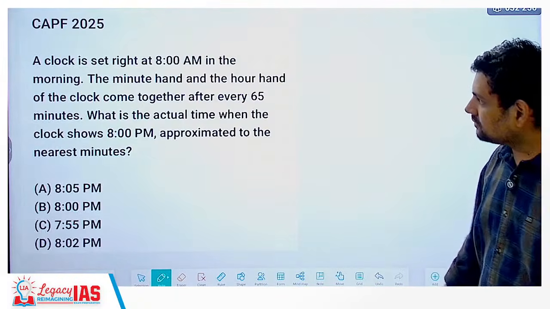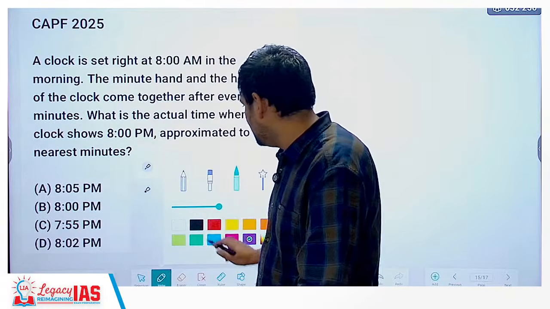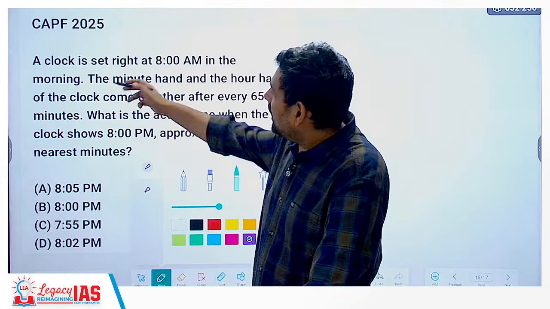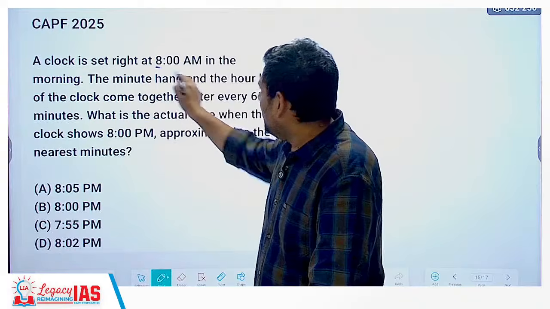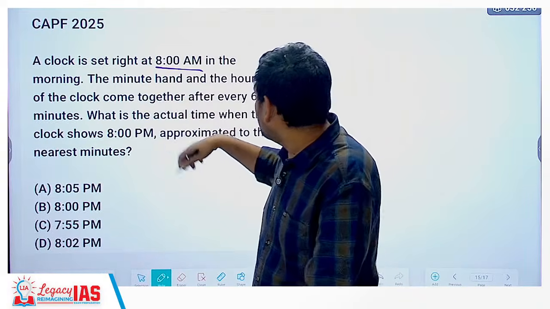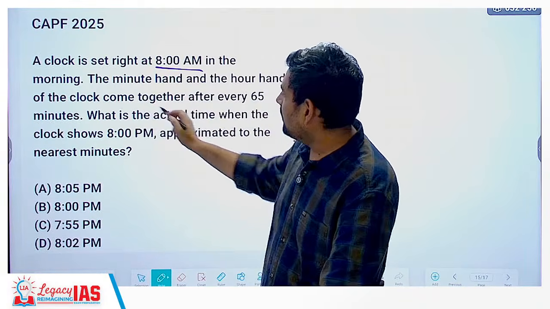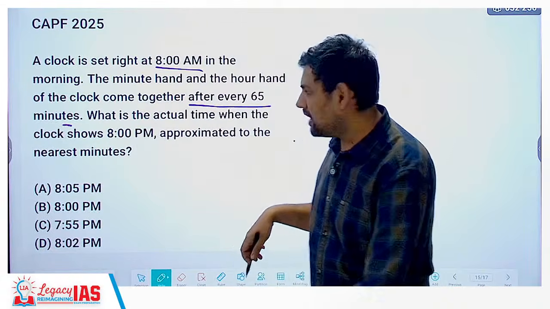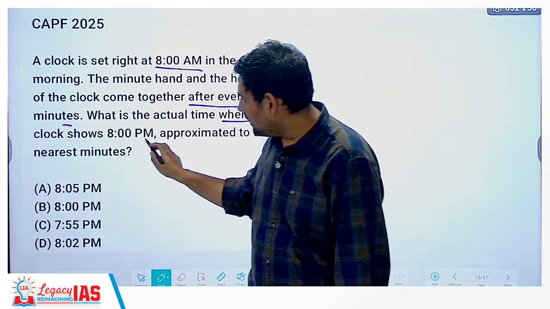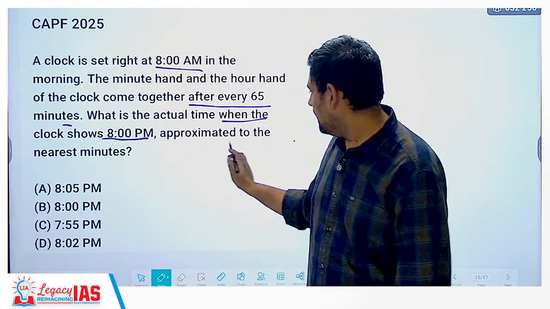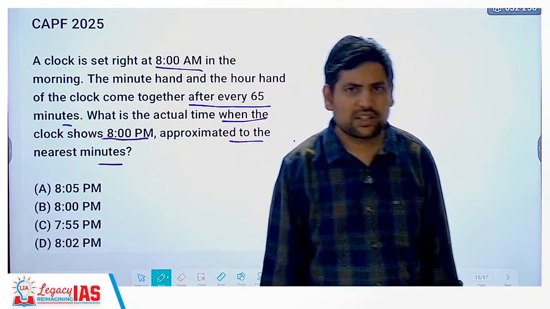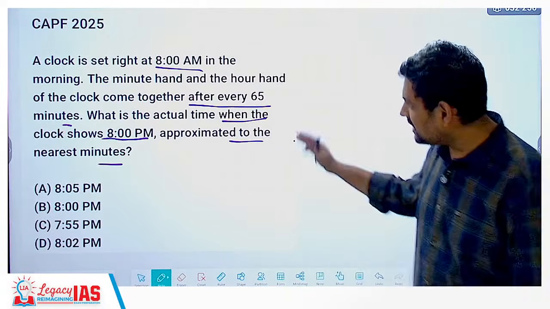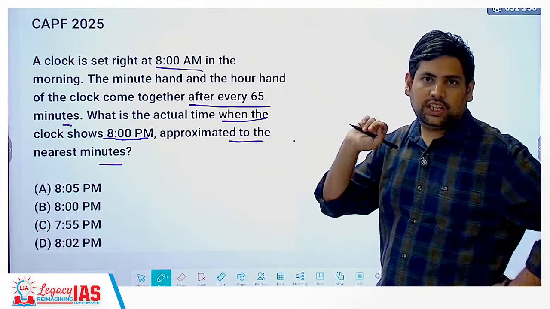Now let's see this. First, a clock is set right at 8 a.m. in the morning. Then the minute hand and the hour hand of the clock come together every 65 minutes. What is the actual time when the clock shows 8 p.m., approximated to the nearest minute? Now, first understand how this clock is faulty.